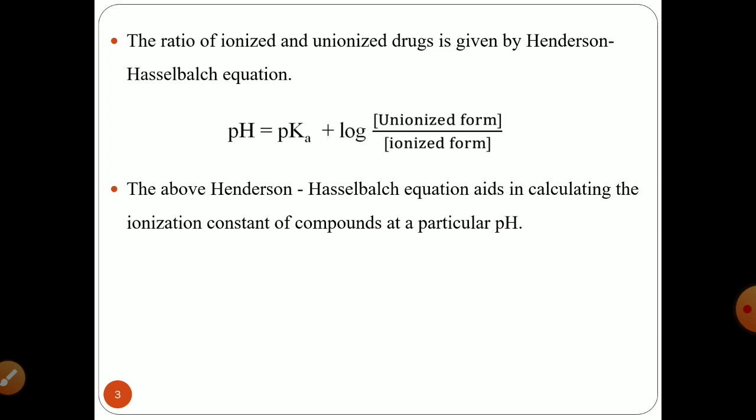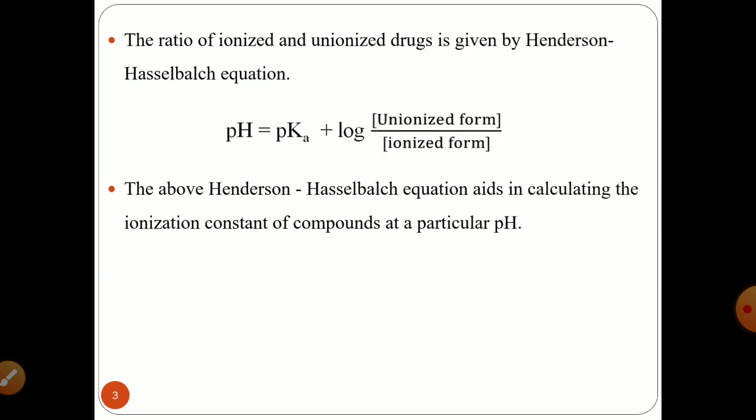This Henderson-Hasselbalch equation helps in calculating the ionization constant of a compound at a particular pH. It means you can easily get an idea about the pH of your compound if you have the concentration of ionized compound and unionized compound.